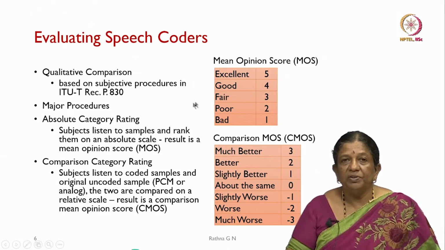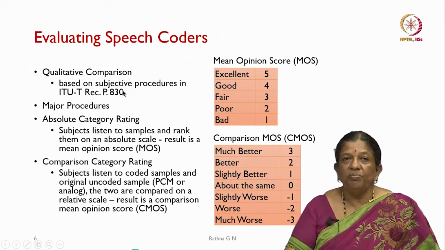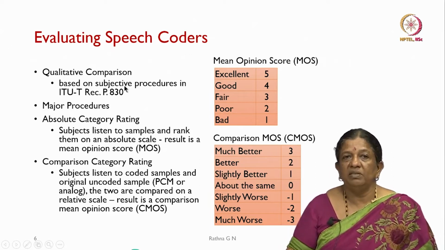So, how are we going to evaluate the speech coders? These are the bases. One is qualitative comparison, based on subjective procedures in ITU, specified in Recommendation P.830. Based on it, one has to do the qualitative comparison.